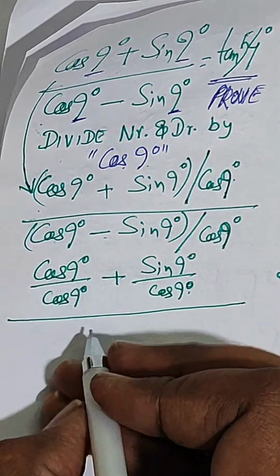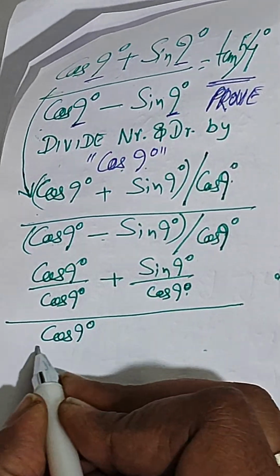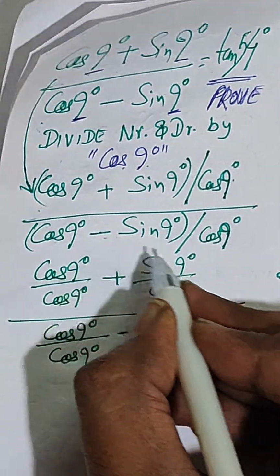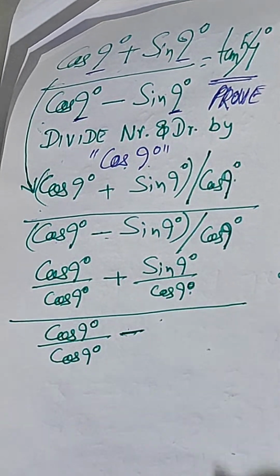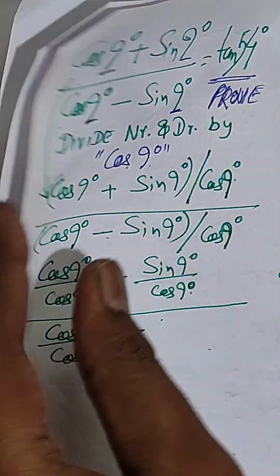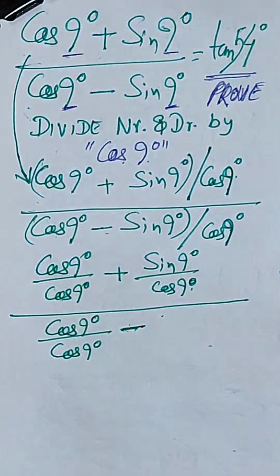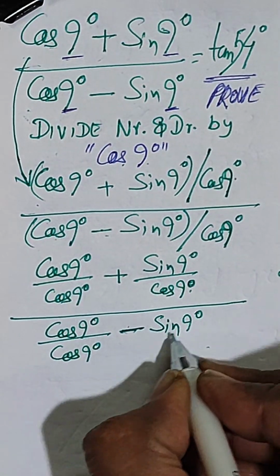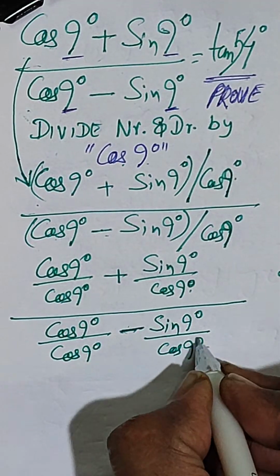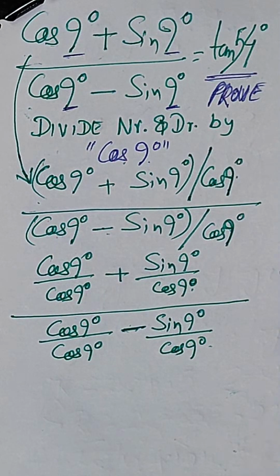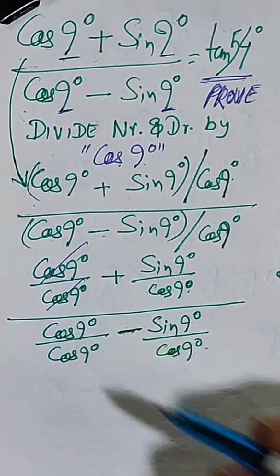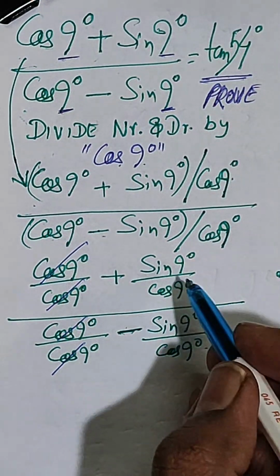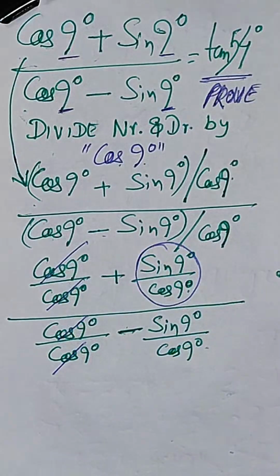In the denominator it will be cos 9 degree by cos 9 degree, and here you can see minus sign, so minus sine 9 degree by cos 9 degree. Here you can see cos and cos will be cancelled, and here also cos and cos in the denominator will be cancelled, but sine by cos is nothing but tan.